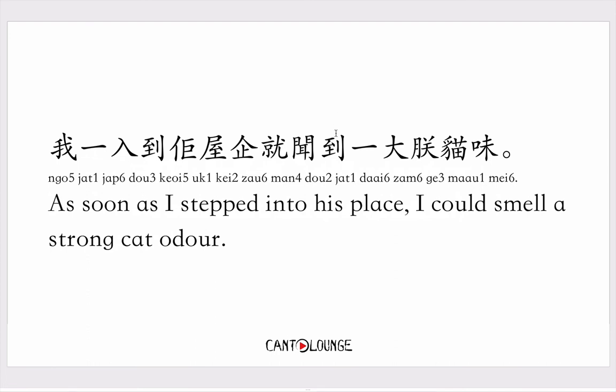I'm able to smell 一大陣貓味, a huge or strong cat smell. Right? 陣 is the measure word for odor or smell. So it's something like, I don't know, 一陣薑味, a very strong ginger odor, or 一陣, I don't know, 蒜頭味, a very strong garlic odor.